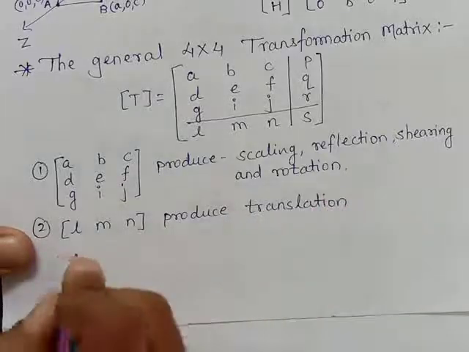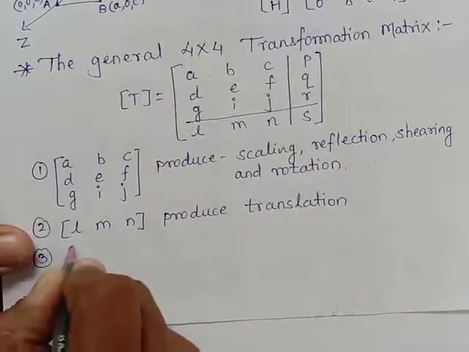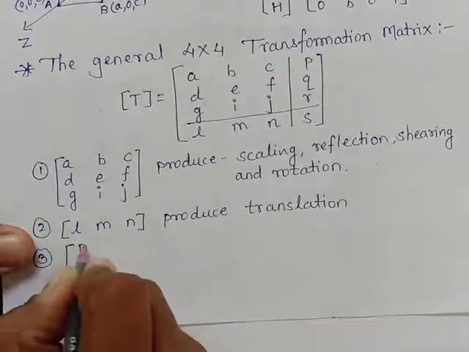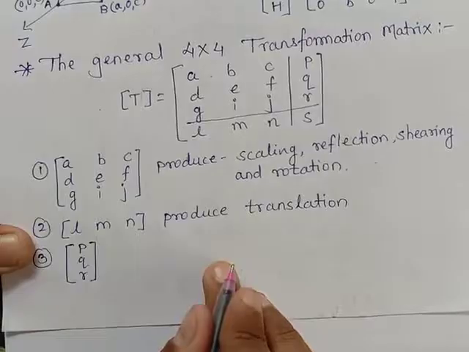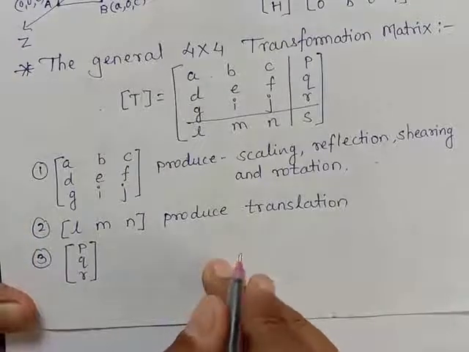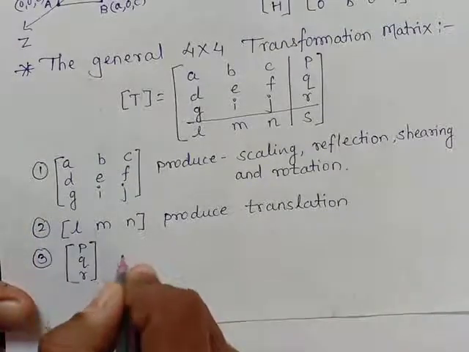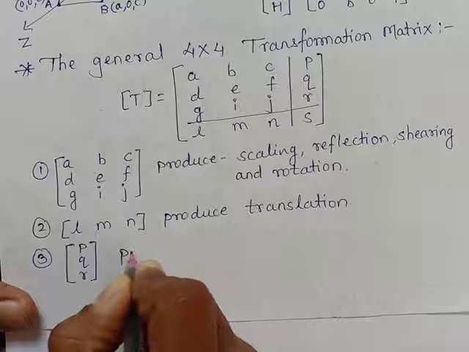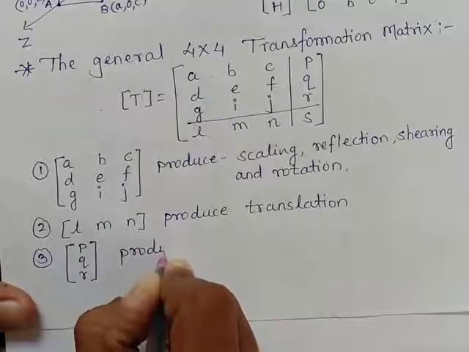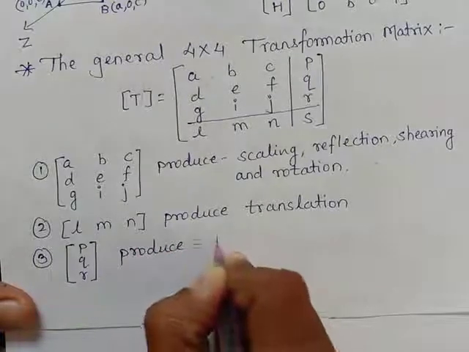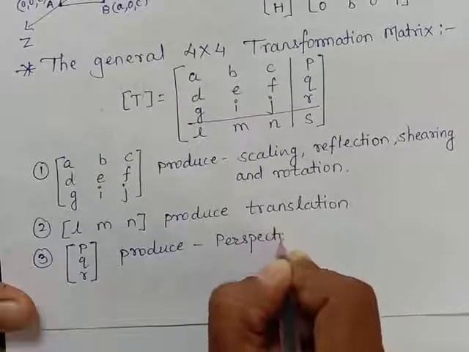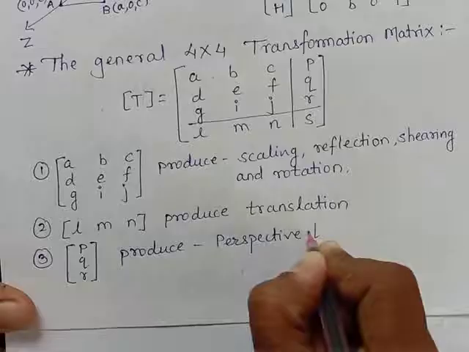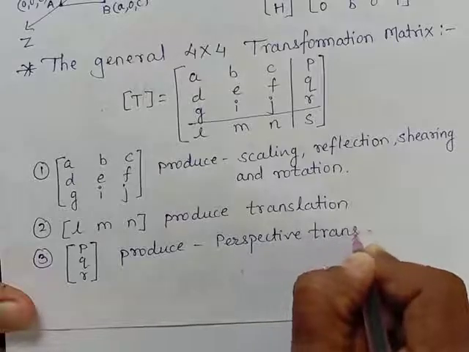Then next, third, this P, Q, R. What does it produce? It produces perspective transformation. We will see it further.